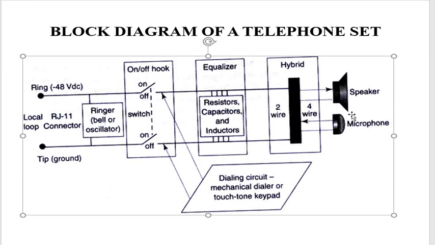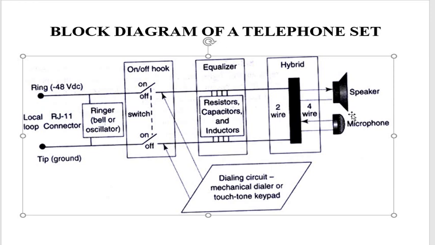A signal from the local loop on a 2-wire circuit can be converted into a 4-wire circuit, and also vice versa. It also enables full duplex operation over a 2-wire circuit. It is actually a connection path between the equalizer and the transmitter and receiver, that is, the speaker and the microphone.